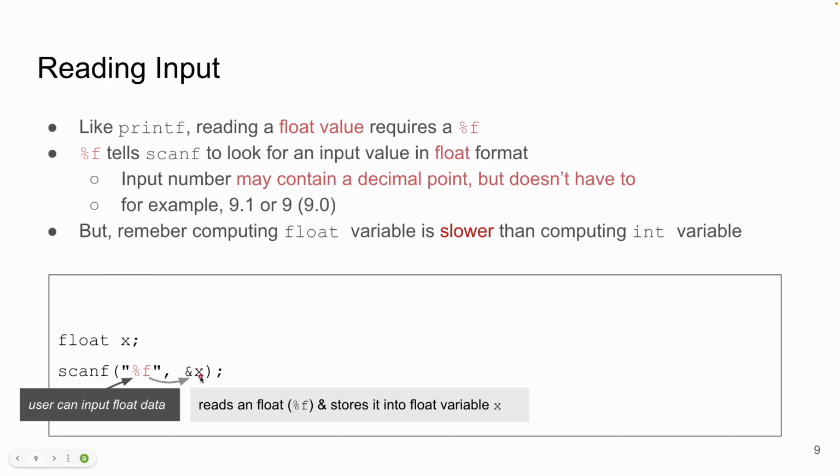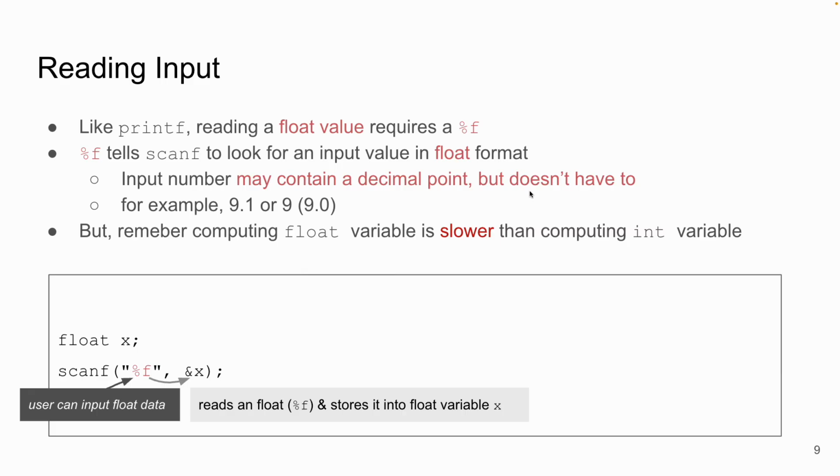That is why we have x here, because the type of x is float, so x is a float variable. However, maybe some of you will think, okay, %f can read numbers with decimal points, but it can also read numbers without decimal points, right? So maybe I can just use %f for all situations, right?